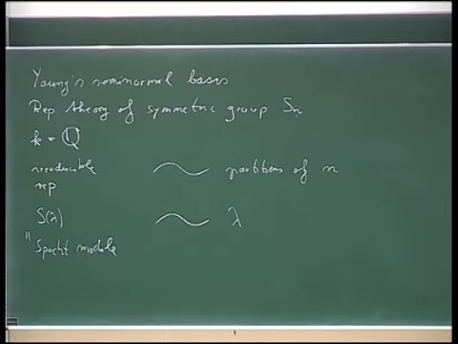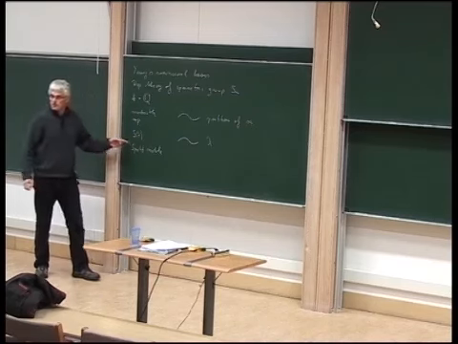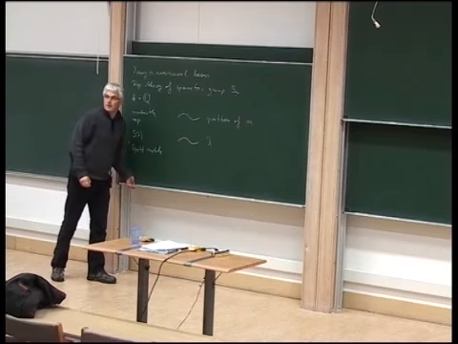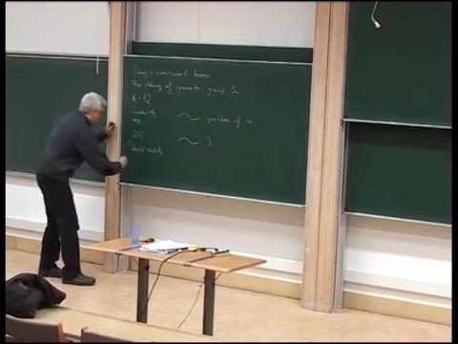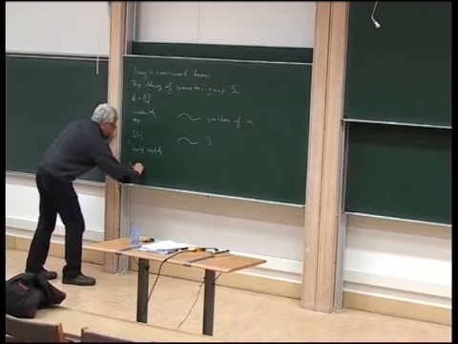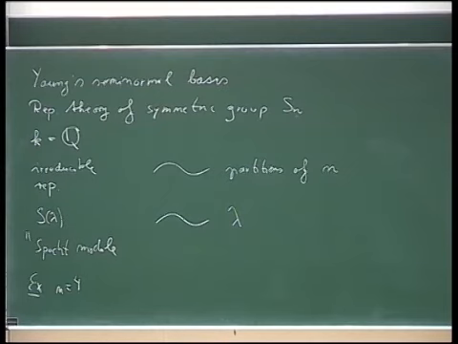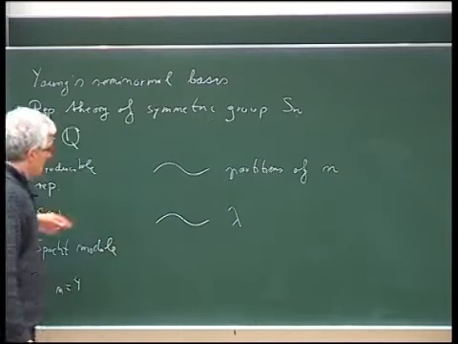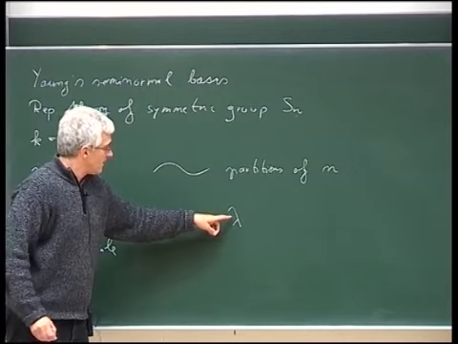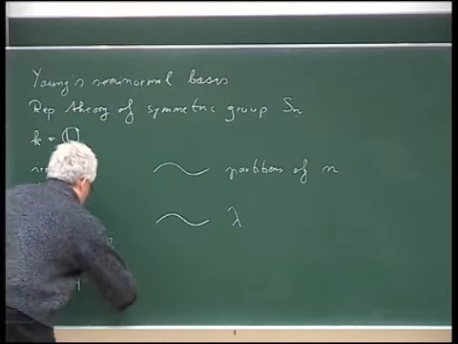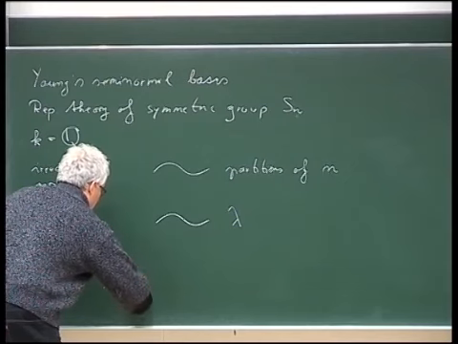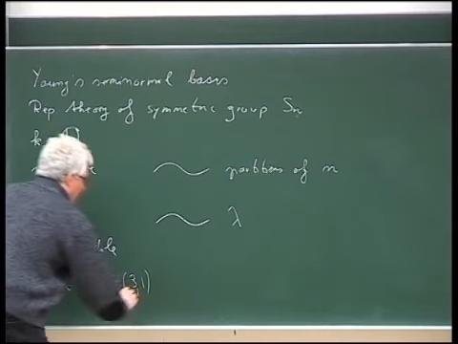So I'll briefly recall the construction of this Specht module, and I'll do it in an example. So I'll take, as an example, n equal to 4. So I need a representation of S4, and I need a partition. So I'll take as my example lambda equal to 3, 1.